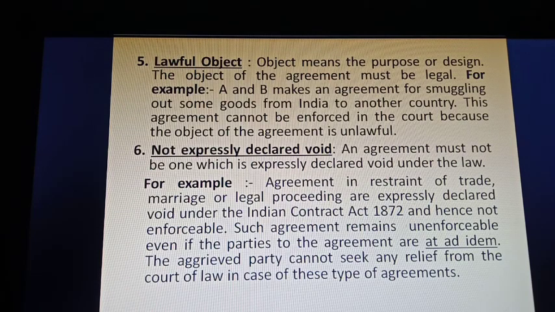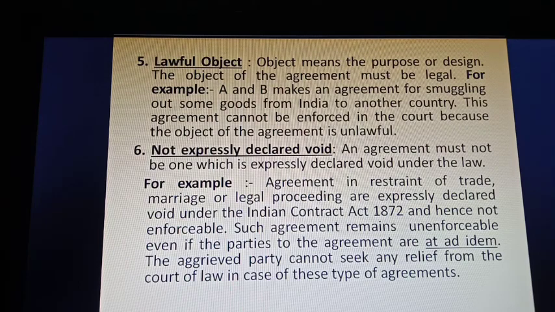Object means the purpose or design. The purpose or design for entering into the contract. What was the purpose to enter into the agreement? The object of the agreement must be legal. If the object of the agreement is not legal, it is illegal, then that type of agreement cannot become the contract.